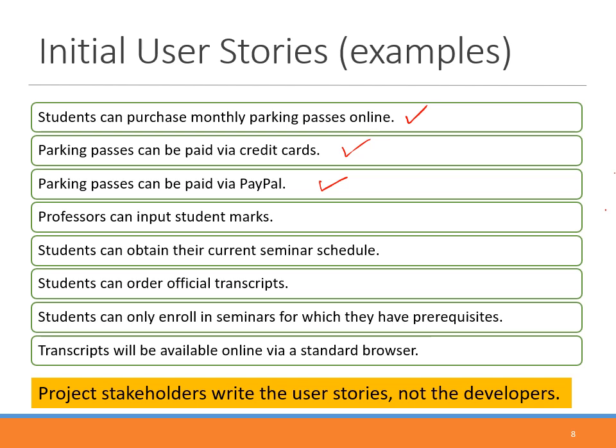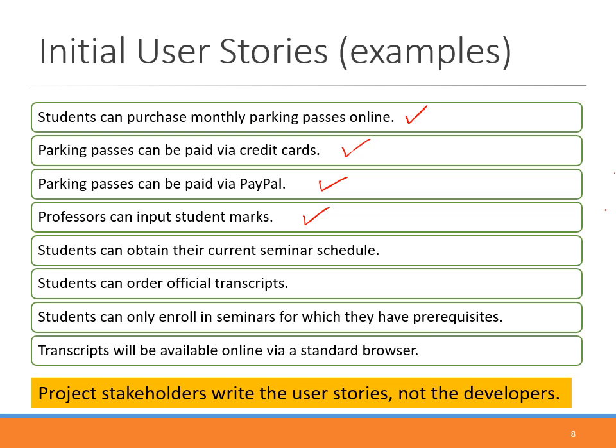And another one, in a different project perhaps, is professors can input student marks. This is also a user story. It's a description of what a user wants the system to be able to do, to support him or her, what the user wants to do by using the system.